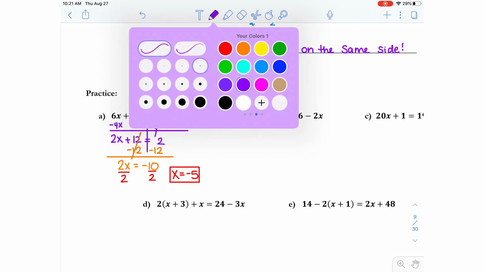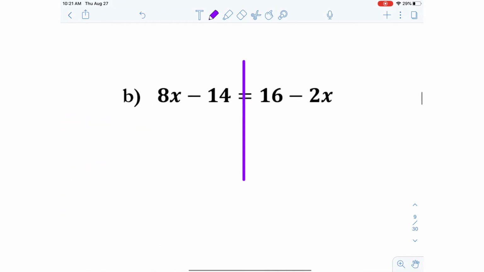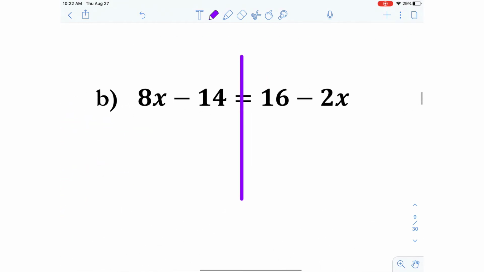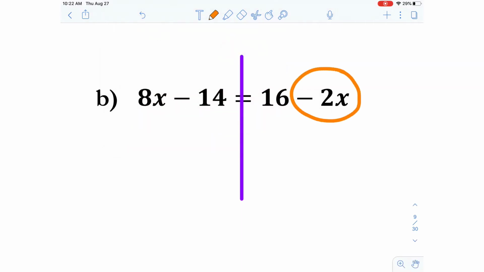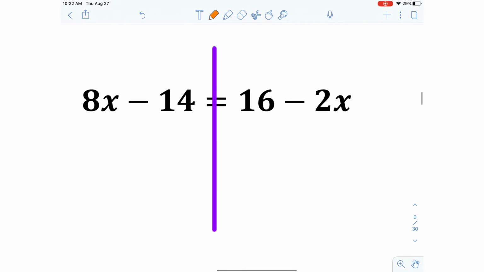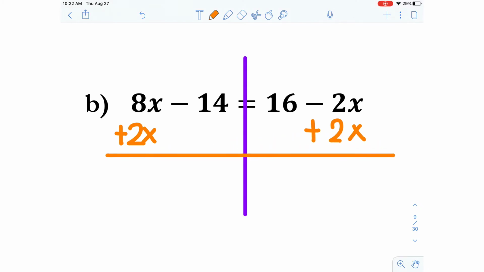All right, next one. Again, let's draw a little line. Again, you don't have to do this, but you can. I'm going to move my x's to the left. Now be careful, because on the right-hand side, I have a minus 2x. So in order to move that over, instead of subtracting over, I'm going to have to add. You've got to do the opposite of whatever's originally happening. So a minus 2x, to bring it over, I've got to add it. All right, here we go.